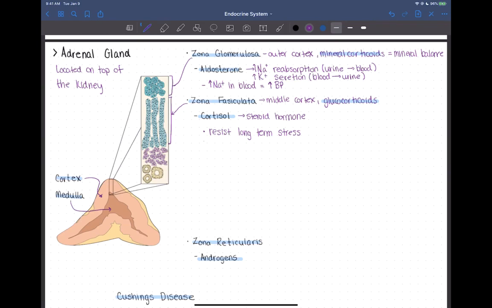Let's talk about a few of its effects. Here's this word again: it's going to increase gluconeogenesis. Remember, gluconeogenesis is making glucose from things that are not carbohydrates, like amino acids and fats. As a result, this is going to increase blood glucose.